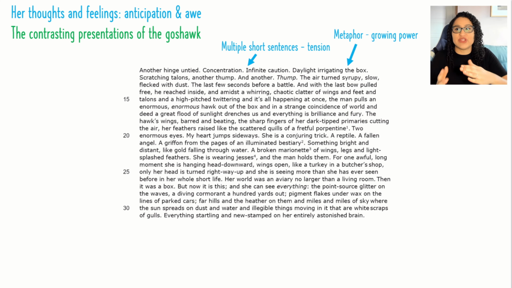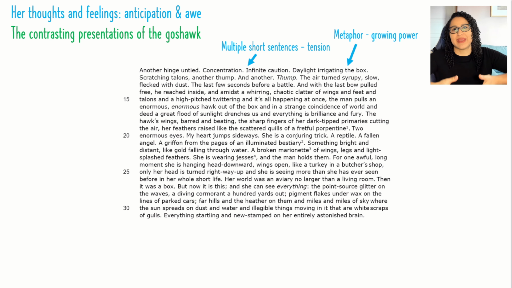We then have more tension building with the scratching talons, another thump and another thump. So you've got a couple of things going on. You've got the onomatopoeia again with the thump and the scratching of the talons. You've also got that repetition, another thump and another thump. And of course, you've got more short sentences. This continues the multiple short sentences I've already mentioned.